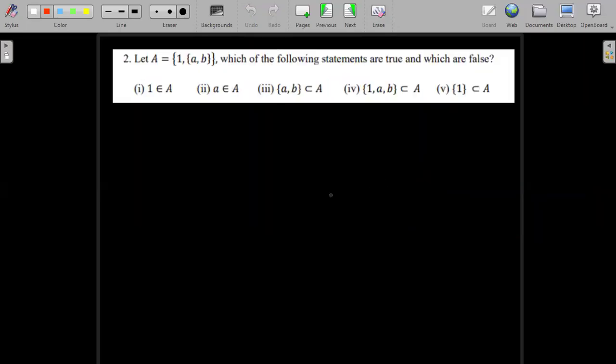So part 2 says, let A, so we have the set A, which is being given by this. Set A has elements.